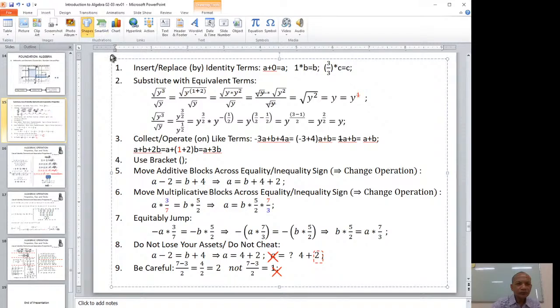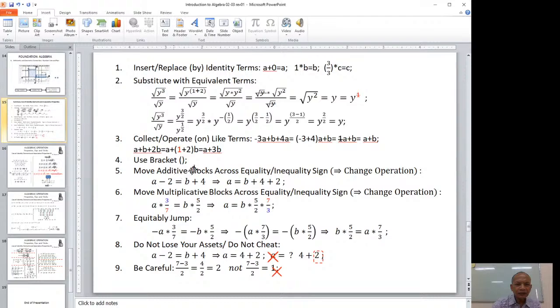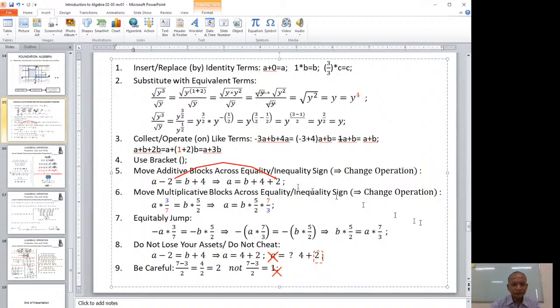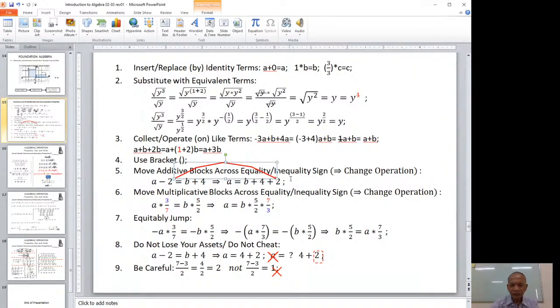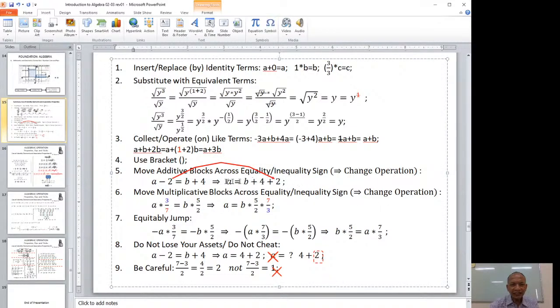That is one. Like here, number 2: move from the left side to the right side by changing sign or changing operation.